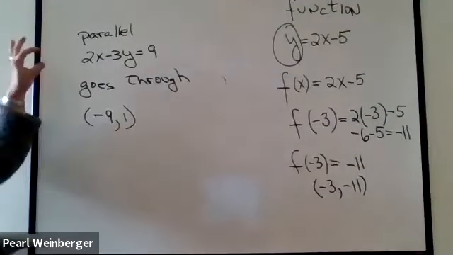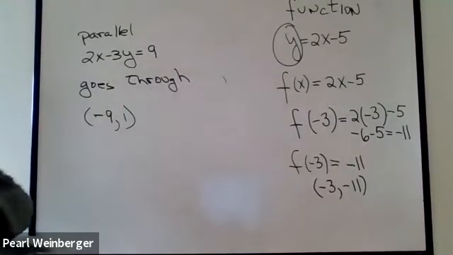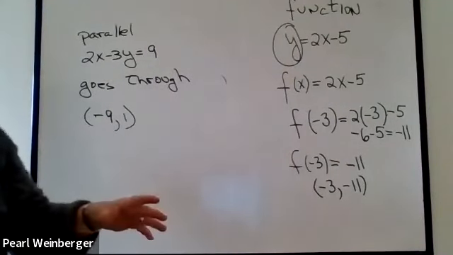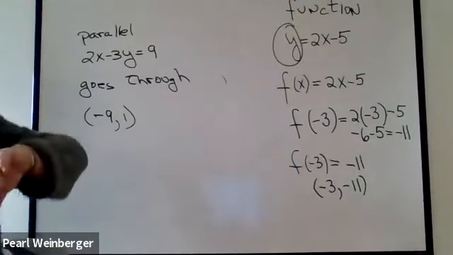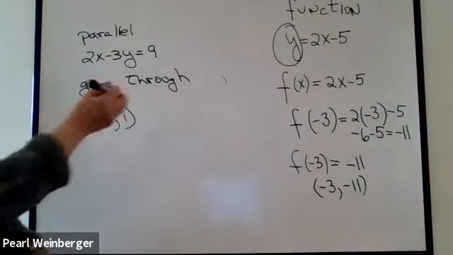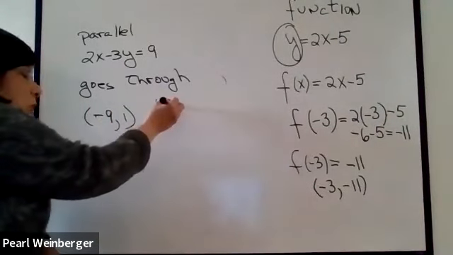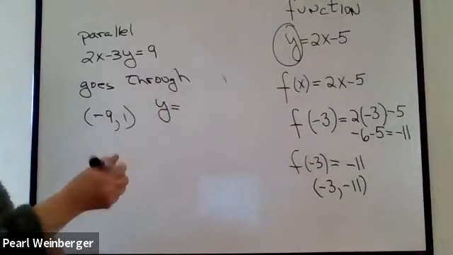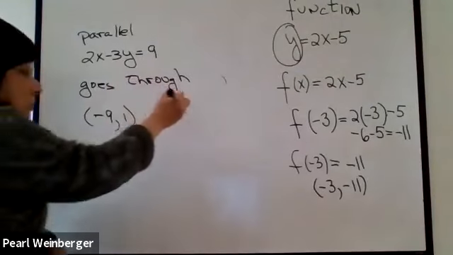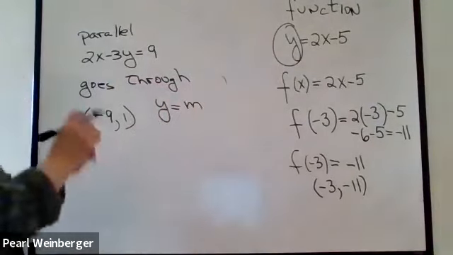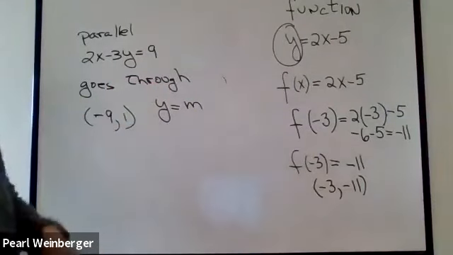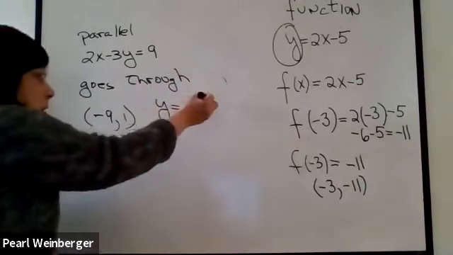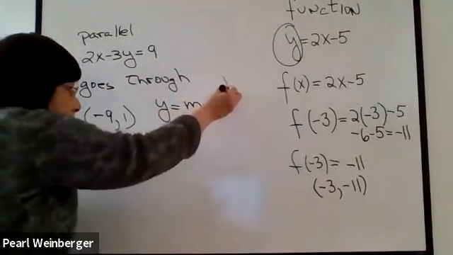Okay, how do we write the equation of a line that's either parallel or perpendicular? How do we write equations of lines? I'm going to do this because we really don't have that much time. We remember that when we want to write an equation of a line, unless they tell us it's a vertical line or a horizontal line, the general equation of the line is y equals mx plus b.